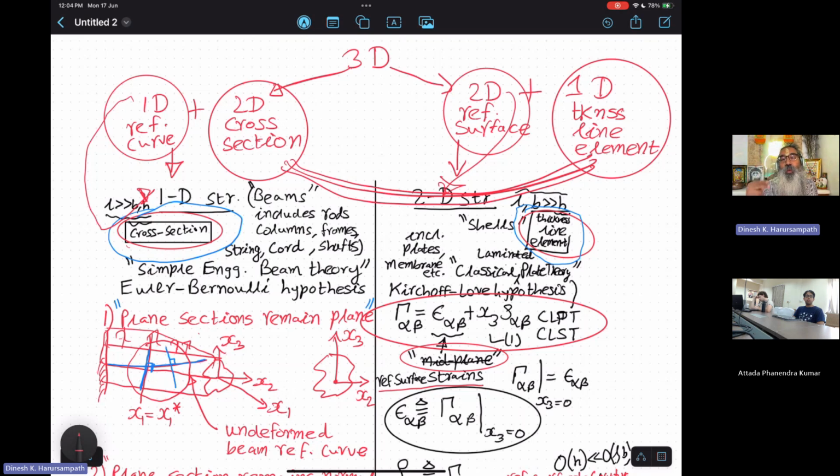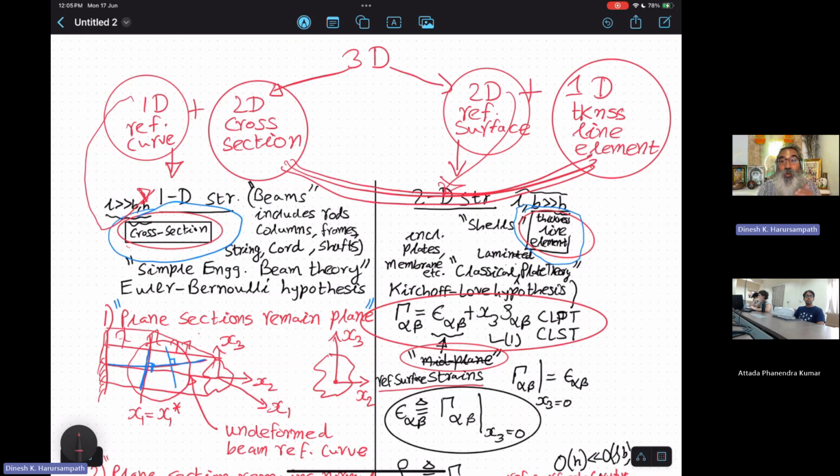So it's a question of how much accuracy you want, how much efficiency you want. If you want a lot of efficiency, and if it is feasible for that particular model to go to 1D, you might as well go to 1D. There will be a small loss in accuracy, but if you do it properly, that will be negligible and not something to be worried about. On the other hand, if you are really concerned more about the accuracy, then you do a 2D model, which is a shell model for a structure like this, which is amenable to both.